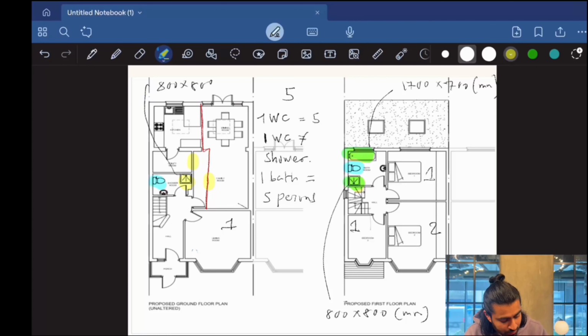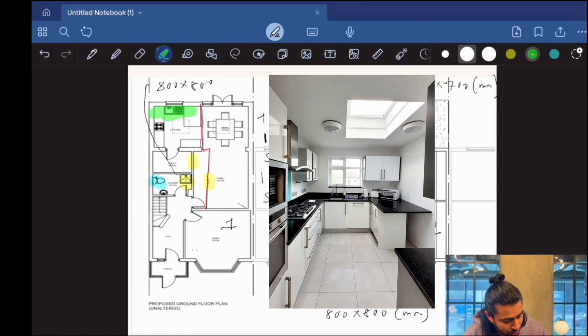And so now, if you're a tenant here, you can go through the hallway, turn left, and now you're in that kitchen.